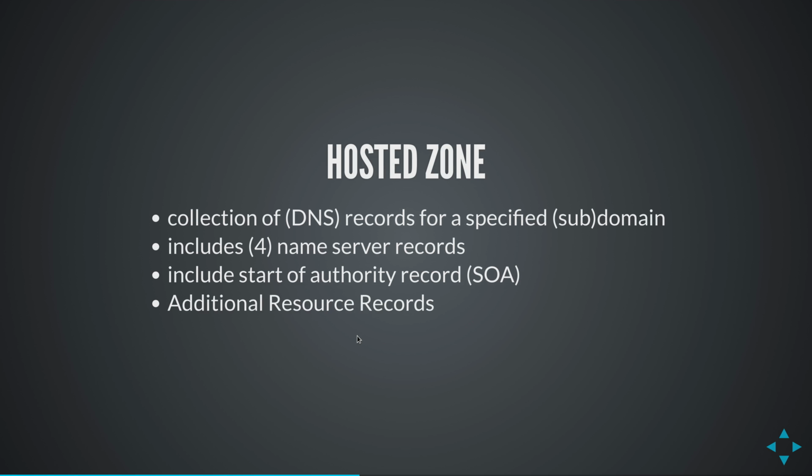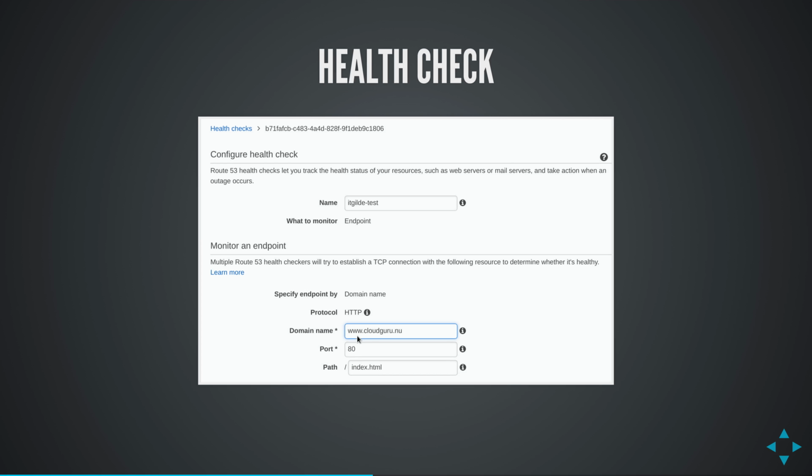And the hosted zone has 4 name server records initially, and the start of authority record, and then later on we have to add our own resource records, primary and secondary, in our demo, as we will see later. This is the health check that we saw before.